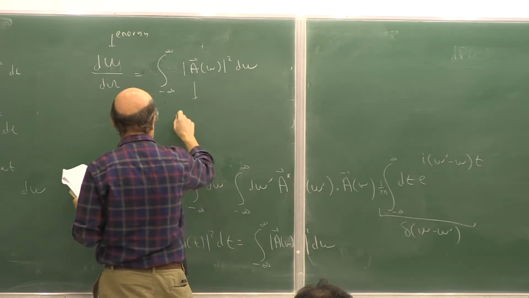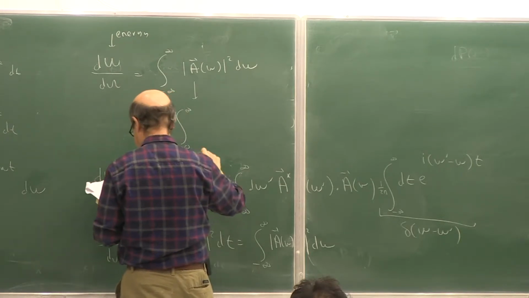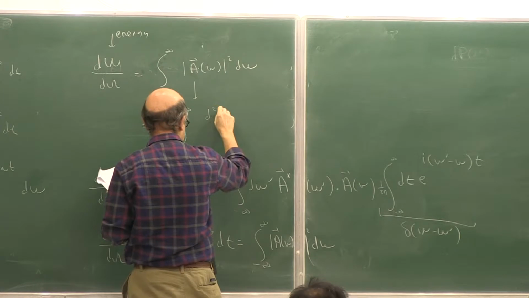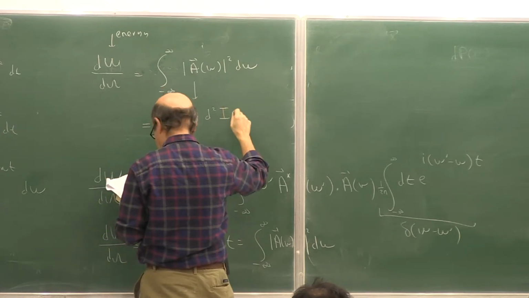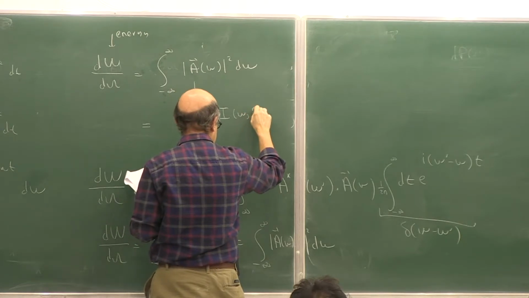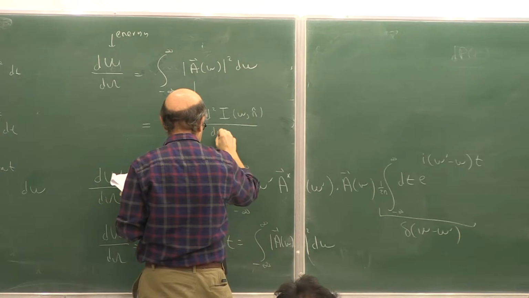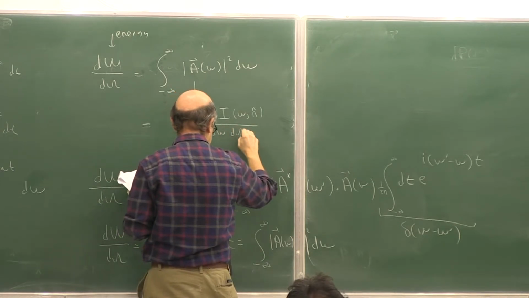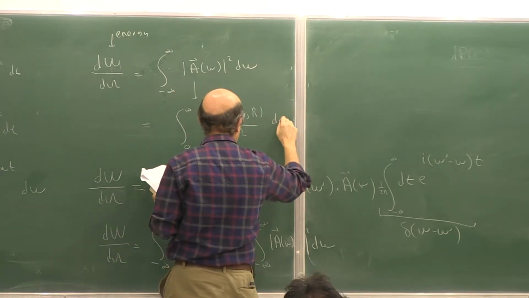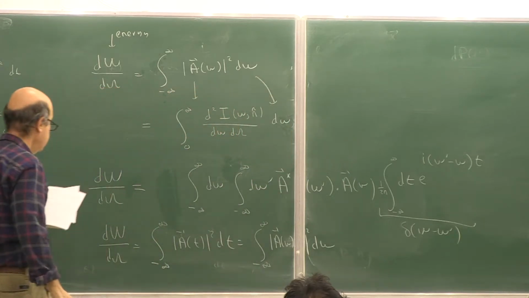So we will write this together as 2 times the integral from 0 to infinity of d squared of energy per frequency radiated along the n hat direction, per frequency per solid angle. So this will be the format of this.